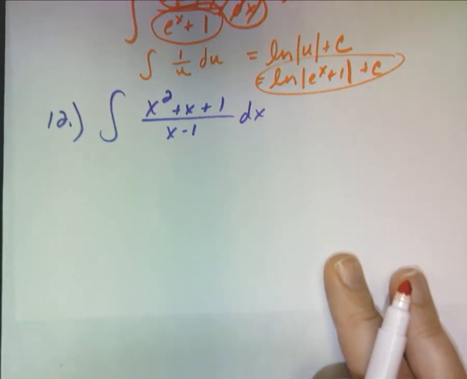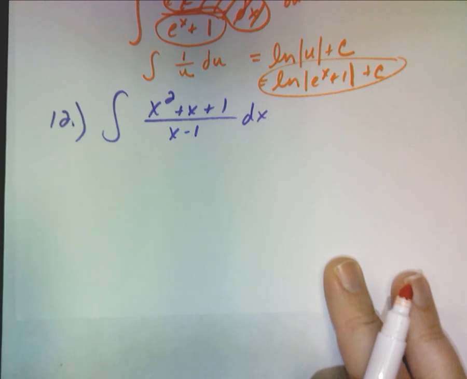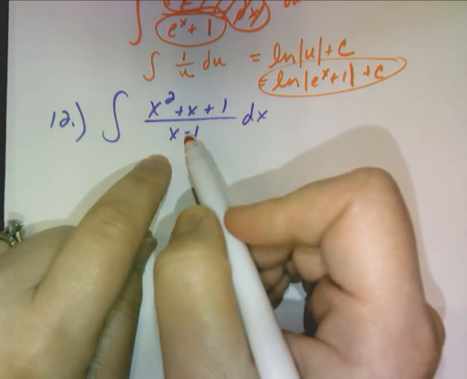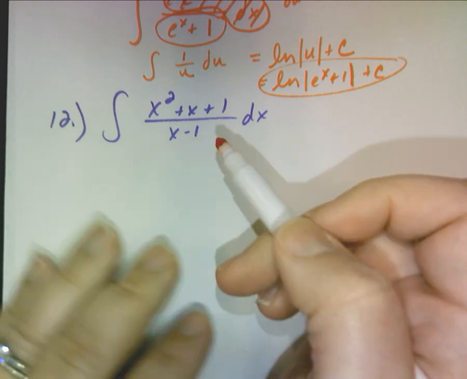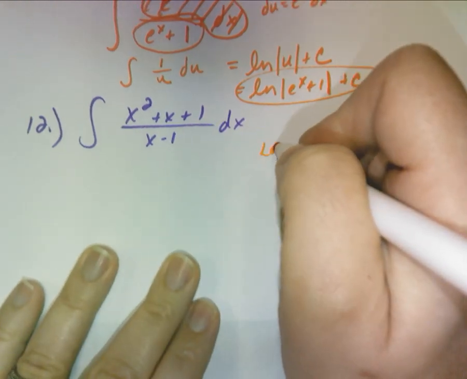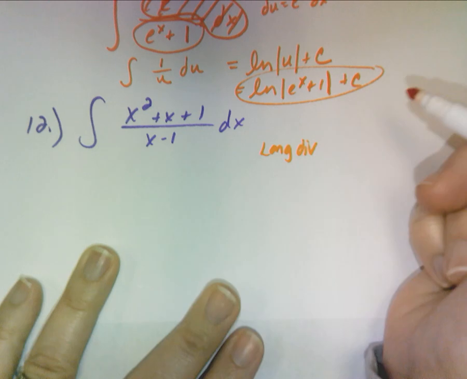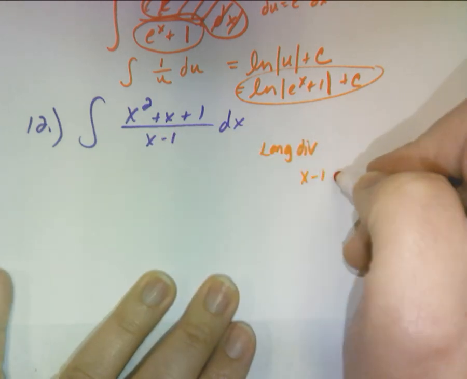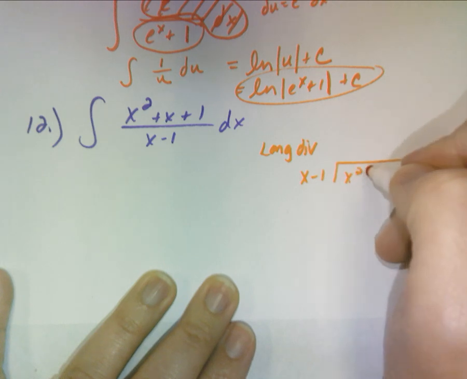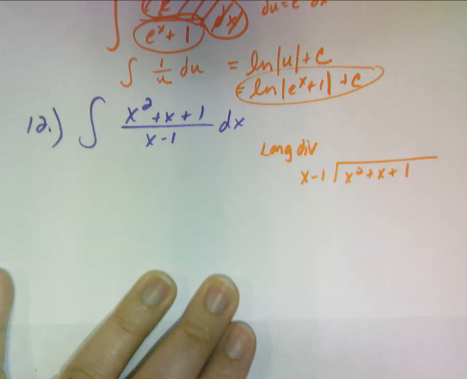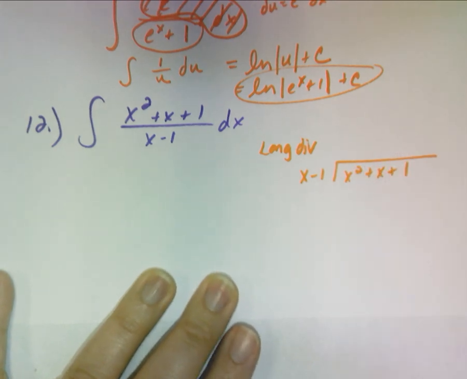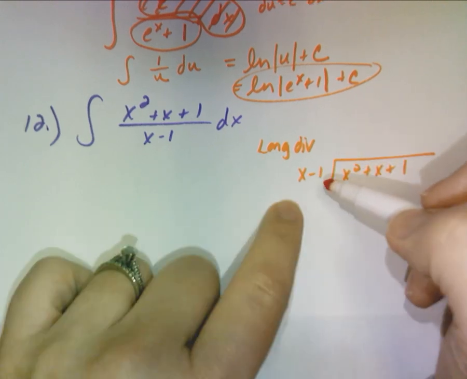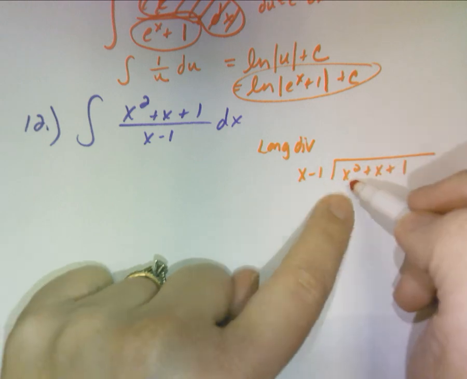All right, and last one, number 12. So you don't have a monomial here, you have a polynomial. So what do you do? Well, there's this little thing called long division. If you remember doing that, you would have x minus 1 into x squared plus x plus 1. But what would happen is, again, you would say, how does an x become an x squared?